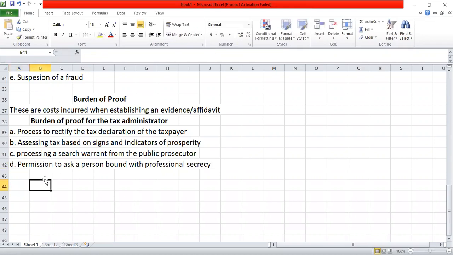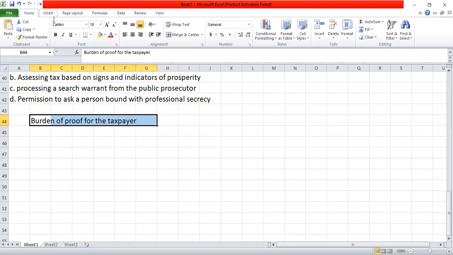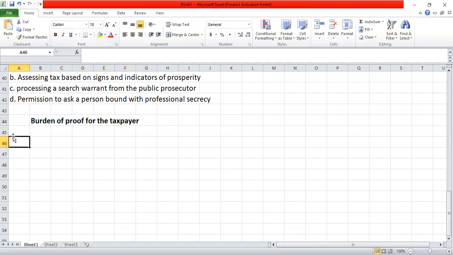So we can look at the burden of proof. What is the burden of proof for the taxpayer? Starting an appeal procedure.